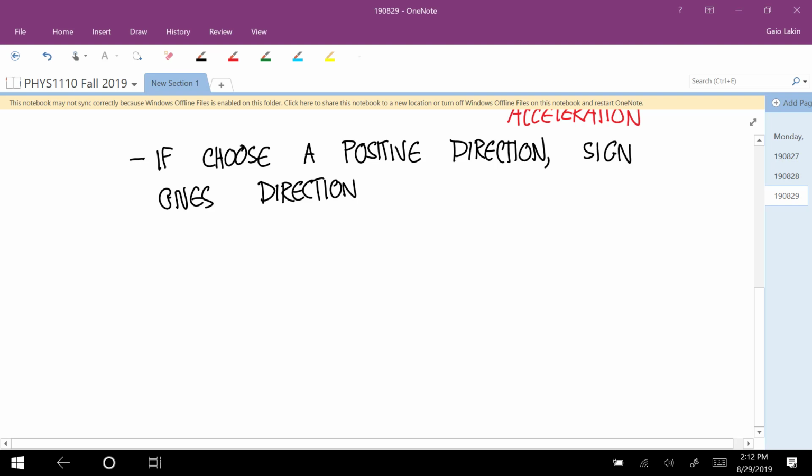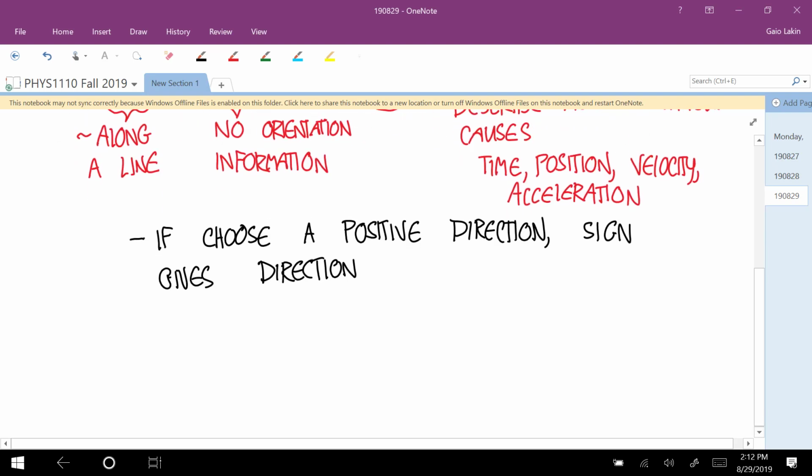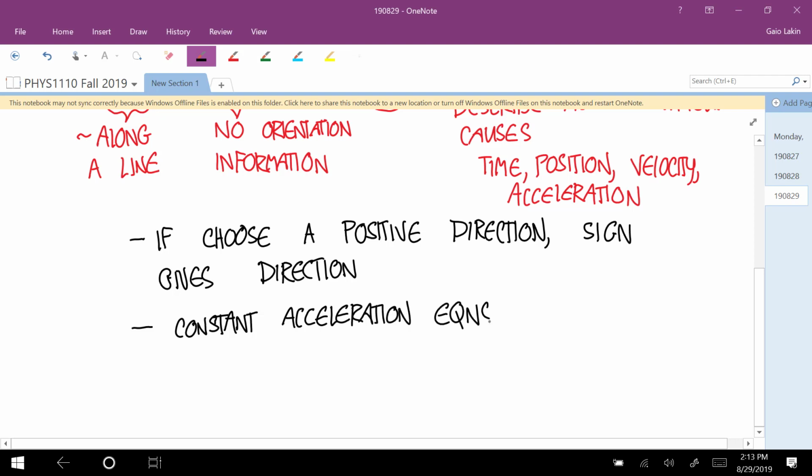After we've talked about that, we'll start talking about constant acceleration equations. And we'll talk about projectile motion.